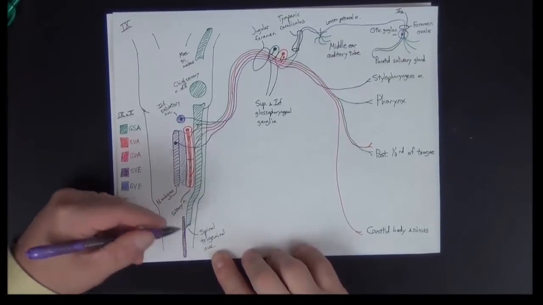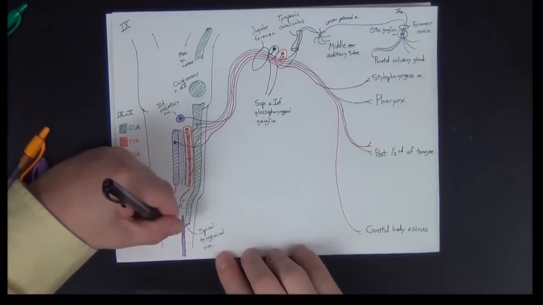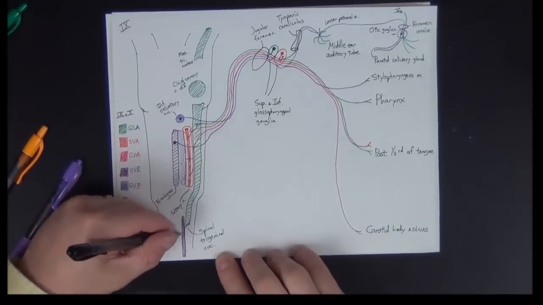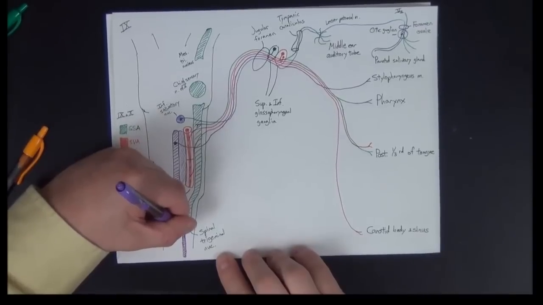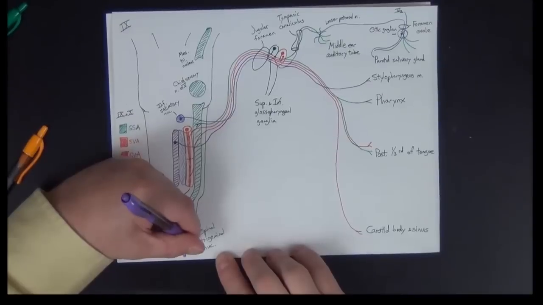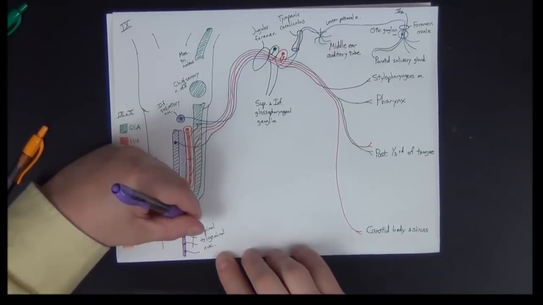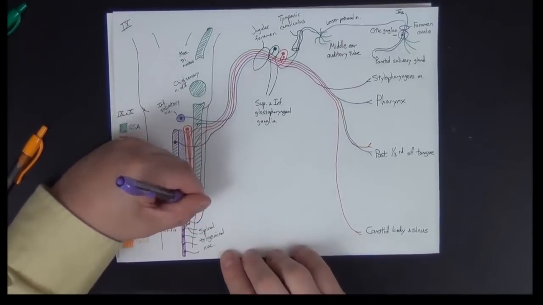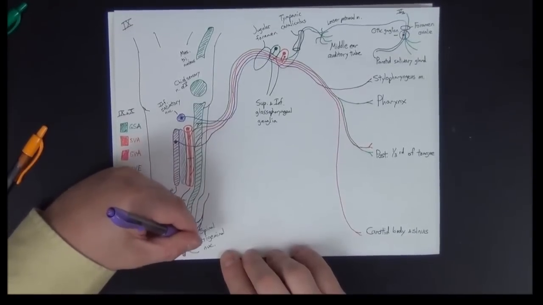All the way from approximately C1 down to C5, or maybe C6, depending on the reference you look at, is where we have these spinal accessory motor nuclei sending motor axons out through the lateral aspect of the cervical spinal cord, and they do something really weird.